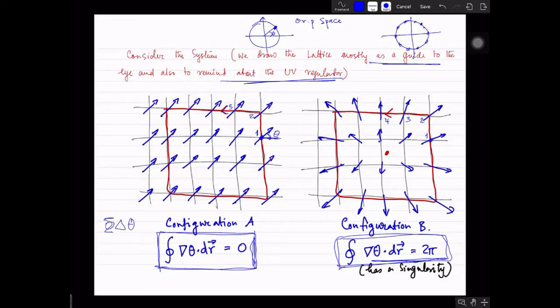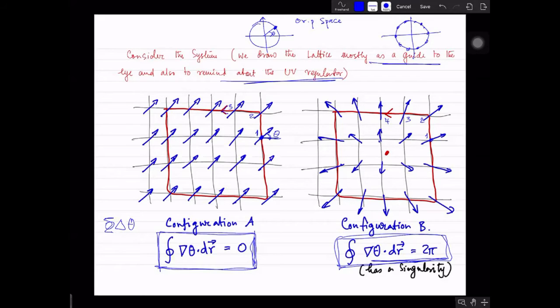So in that sense, the abstract things that we learned yesterday translate into non-trivial configurations of the spins in the system.